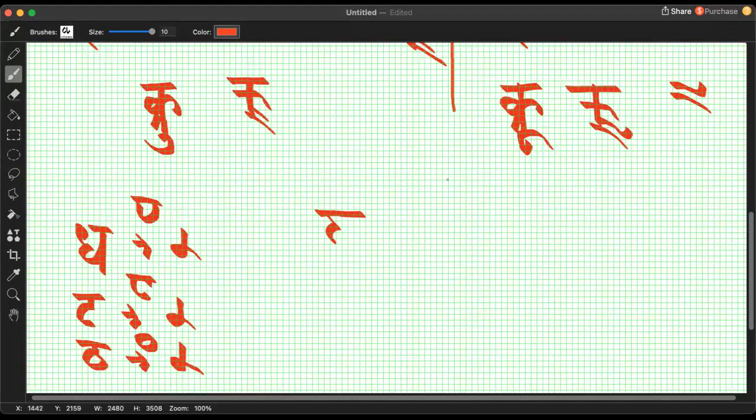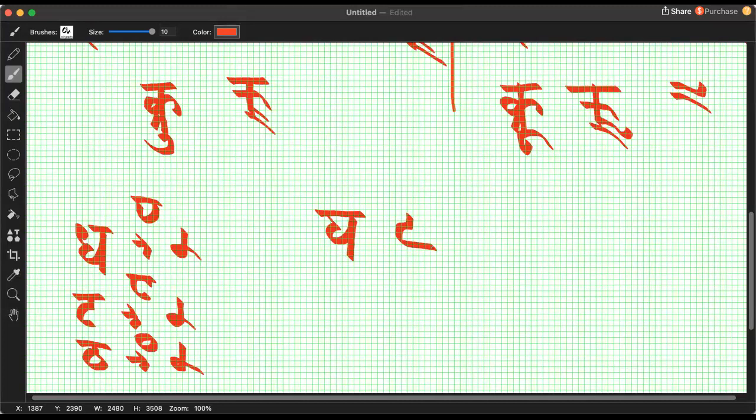If you're writing ya, the conjunct for ya will be like this. Okay, I forgot to say that in the last class. So for ya it will be like this.